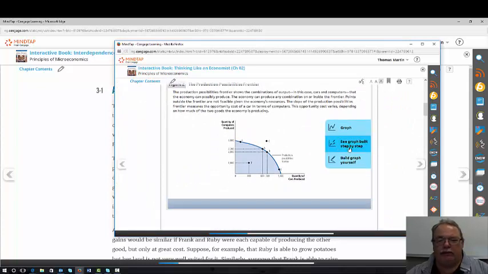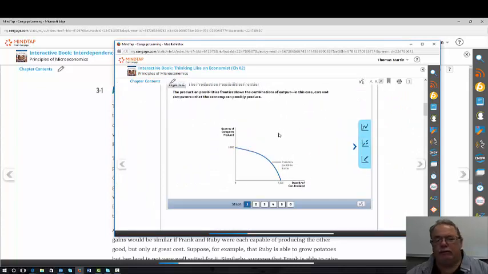And what it does is it gives us the ability to determine how to best utilize our factors of production, our land, labor, and capital. In this case, they have two products. They have the computers and they have cars produced. If we were only to make computers in this marketplace, we could produce 3,000.